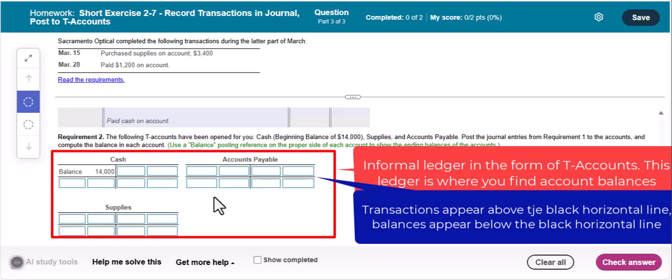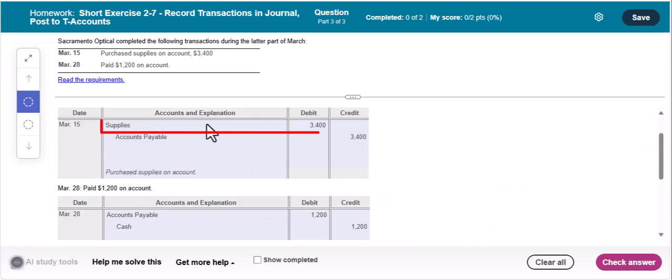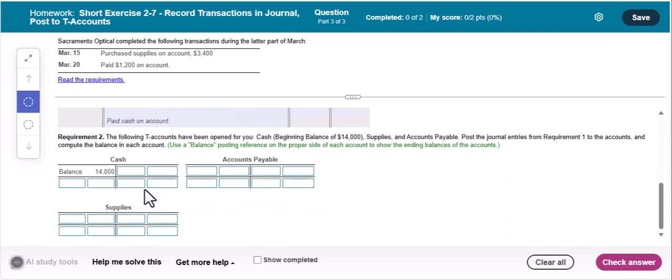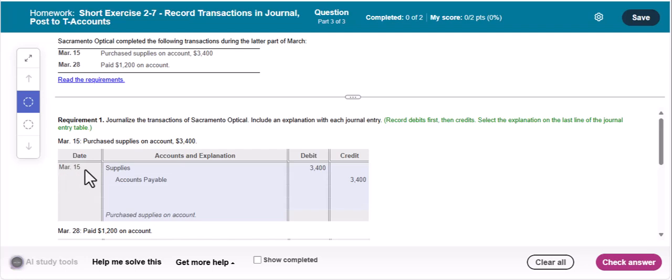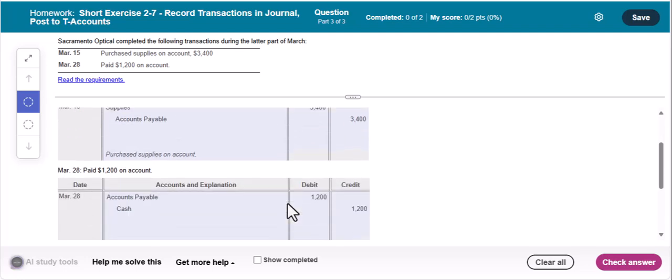So we're going to go to the top here, and the first account we're dealing with is supplies. Supplies are increasing by 3,400. So we have the supplies account, and that is going to be a debit on March 15th. Also check our date here, March 15th, debit for 3,400.